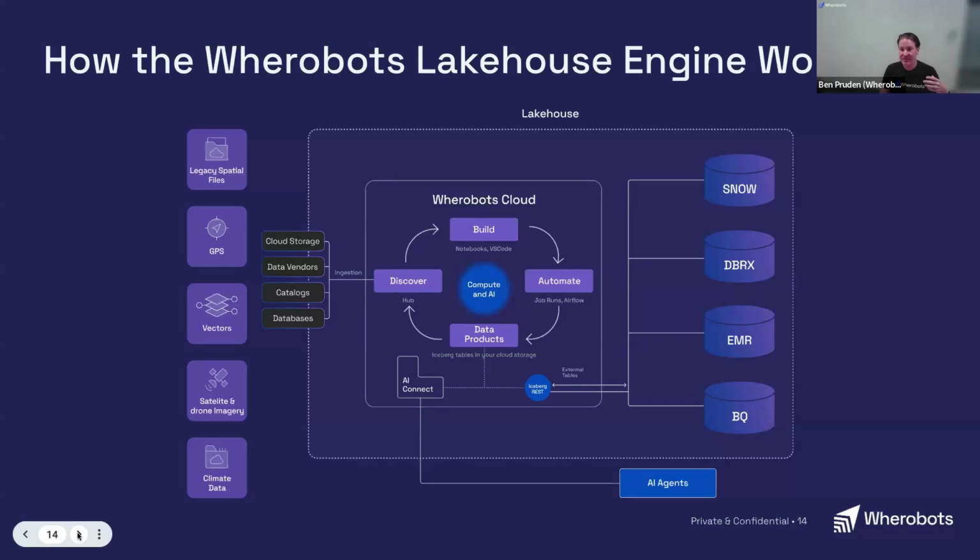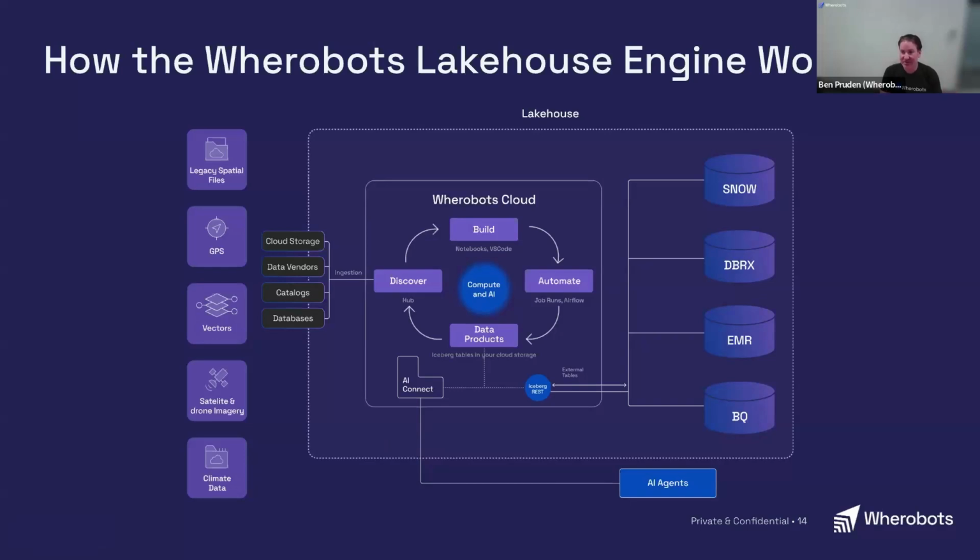From there, you can discover it, register it in your spatial catalog, build notebooks with it, automate and run jobs based on that spatial data, and then ultimately use that to derive, build and deliver data products. This last bit here is something that we're working on, being able to connect that data with AI directly. That's coming in the not too distant future.